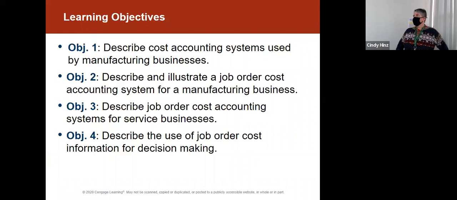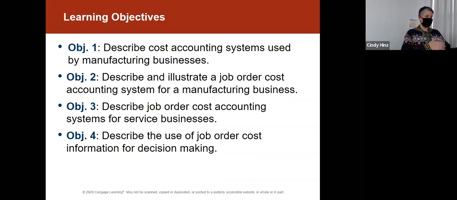As always, we start the chapter with our learning objectives, and you can see those on the screen. We're really going to be talking about how a job order costing system works, and in what circumstances a company would use a job order costing system. We'll see briefly how this could be used by a service company as well, although as always, our focus for this semester will be on manufacturing companies.